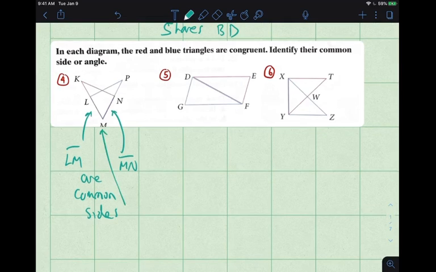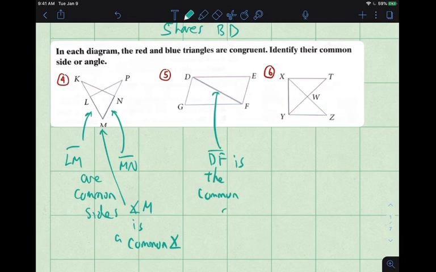Notice this third one, angle M, is a common angle. That's my symbol for angle. For these two, there's just DF. The segment is the common side. None of the angles are shared, only that middle diagonal.